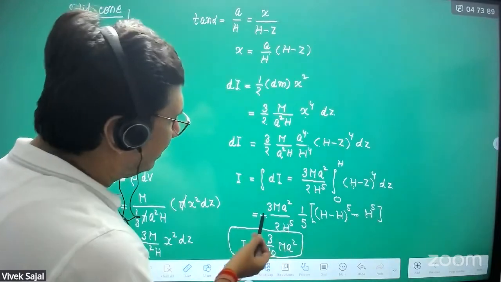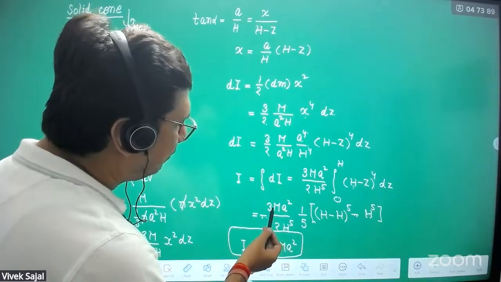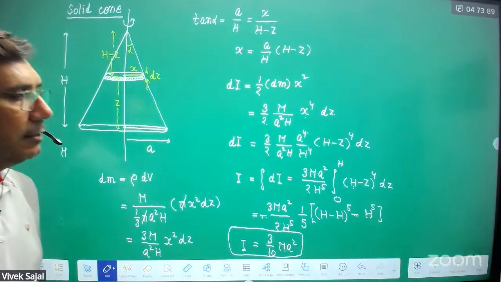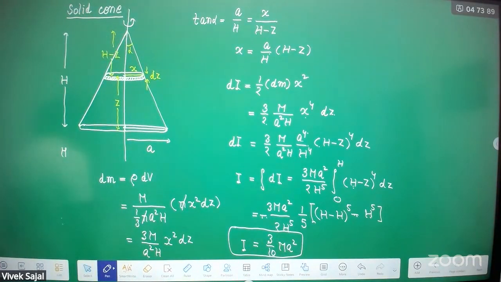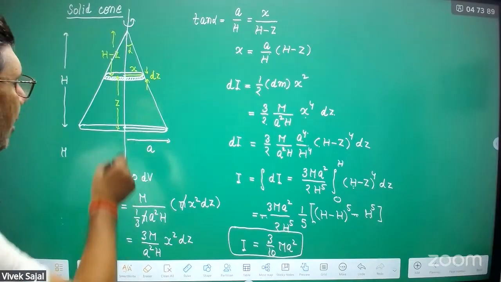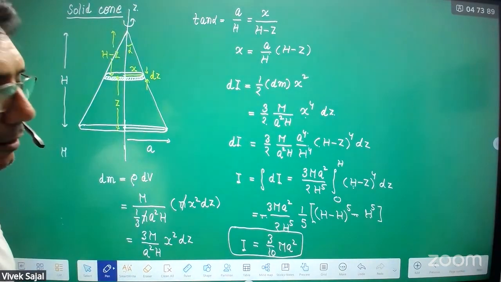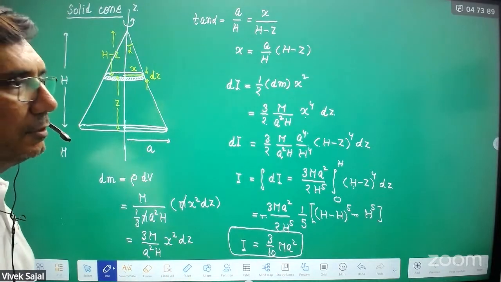This minus is cancelled out by this. h to the power 5 is gone. So we are left with 3 by 10 m a square. This will be the moment of inertia of this solid cone about this axis, z axis. Suppose this is z axis. So this formula you have to remember.